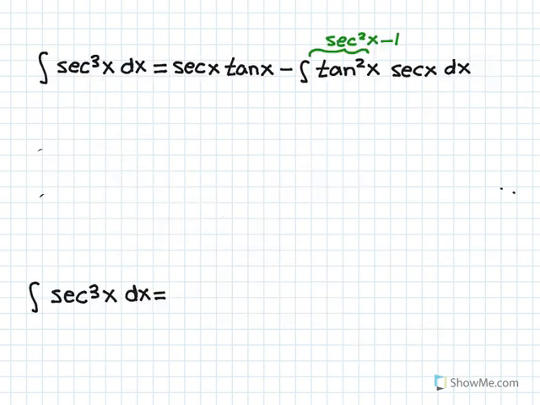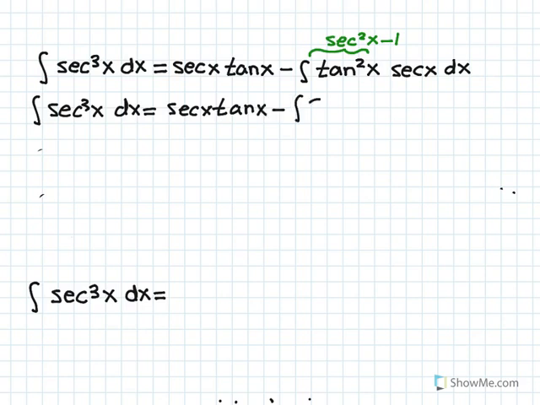All right, so what we have is the integral of secant cubed x dx is sec x tan x minus the integral of tan squared x times sec x dx. We're going to apply a trigonometric identity. Tan squared x is equal to sec squared x minus 1. So we have the integral of secant cubed x dx is equal to sec x tan x minus the integral of sec squared x minus 1 times secant x dx.